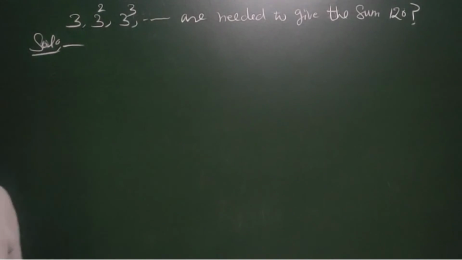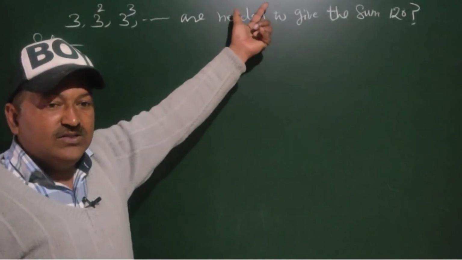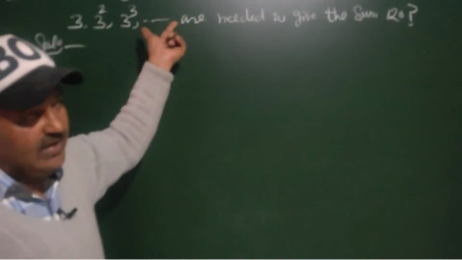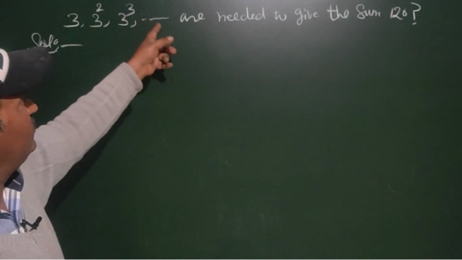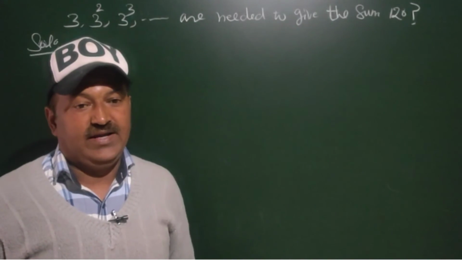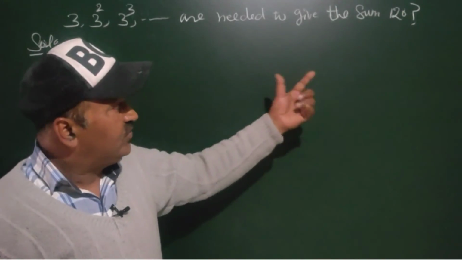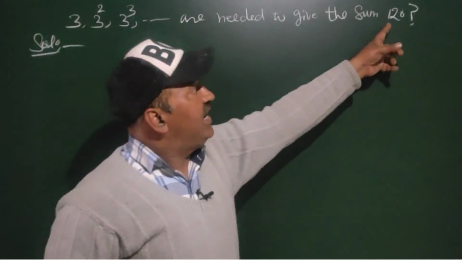Now question number 13. How many terms of the GP or sequence 3, 3 square, 3 cube and so on are needed to give the sum 120? So let this be Sn.